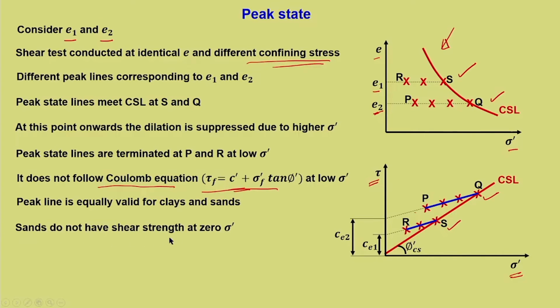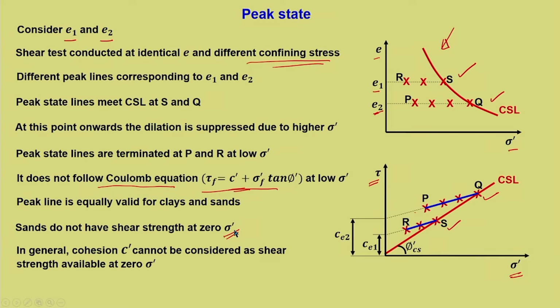Sands do not have shear strength at 0 sigma dash, at 0 confinement sands do not have any shear strength. So, in general cohesion c dash cannot be considered as the shear strength available at 0 sigma dash.